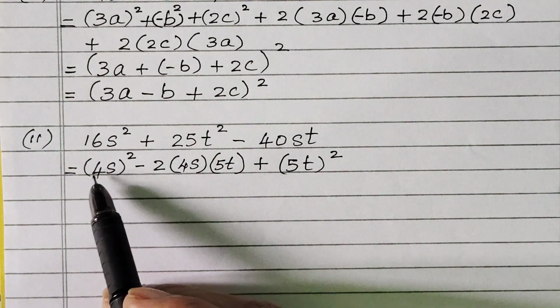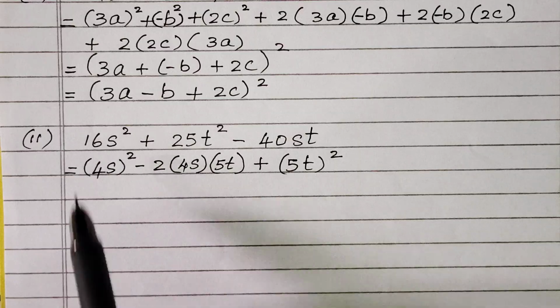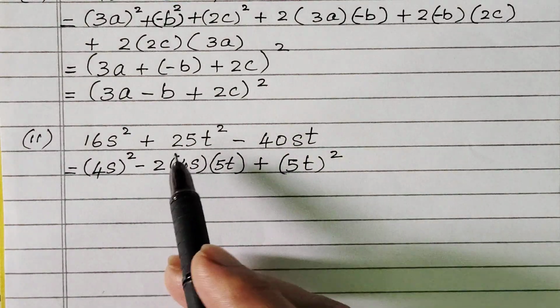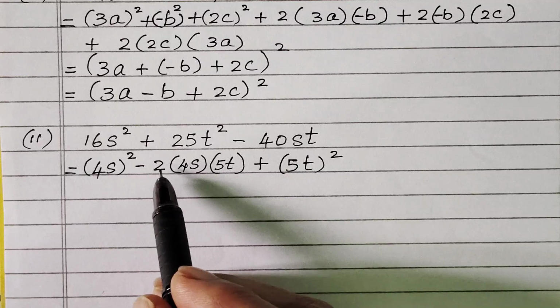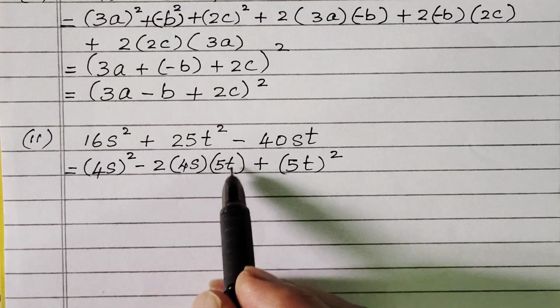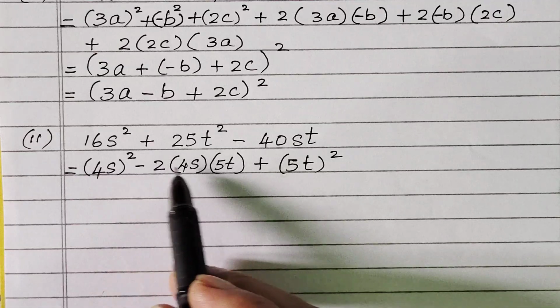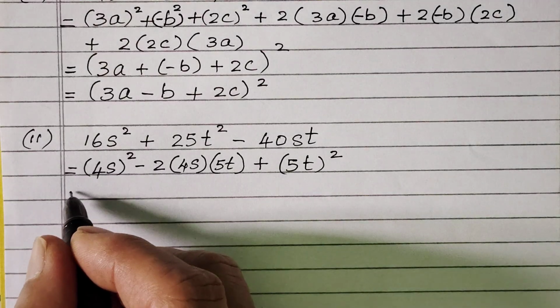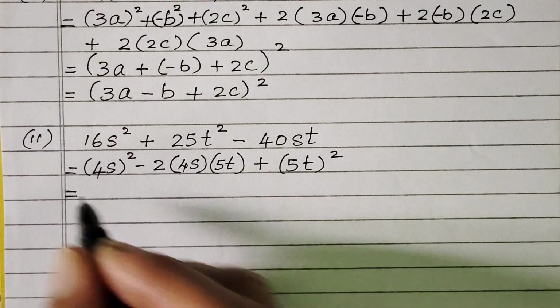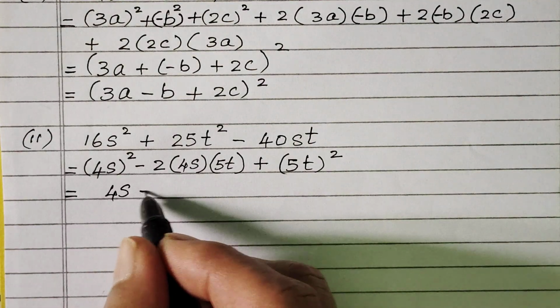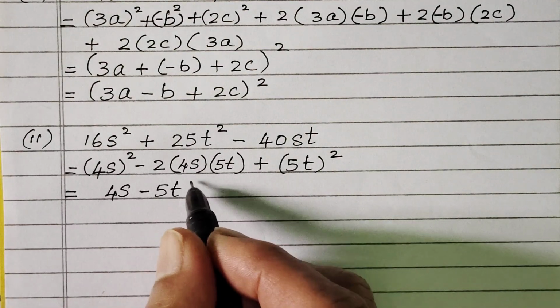You can see here now 4s whole square is 16s square. 5t whole square is 25t square. You can see here 2 into 4 into 5, if I solve it, I'll get minus 40st. So a square minus 2ab plus b square I can write as a minus b whole square, 4s is a, minus 5t is b, whole square.